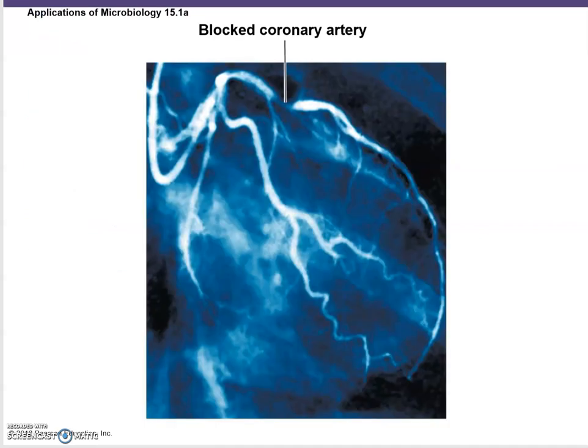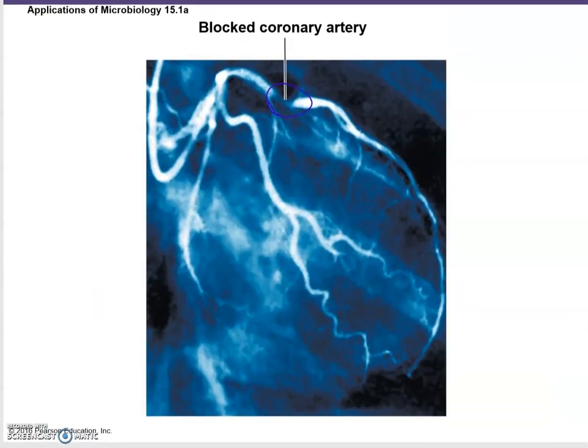Here you have an image of a human heart, and you can see blood flow through the coronary arteries that are imaged here, and you can see that there's a blockage right here in this coronary artery section. In this case, the patient had an infection with a pathogen that produced coagulase.